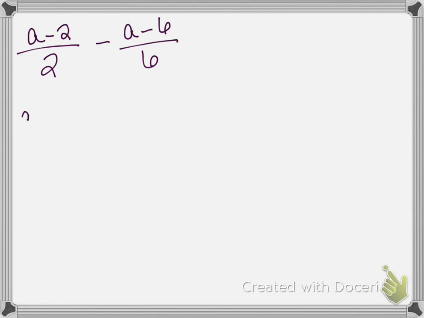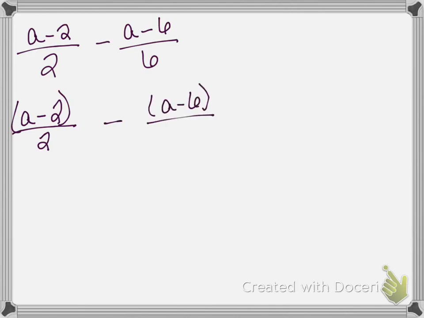So I have a minus 2 over 2 because 2 is prime. I can't do anything with that. Now I want you to remember that a minus 2 is a binomial and it has to stick together. Then I have minus a minus 6, and I'm going to put that in parentheses.